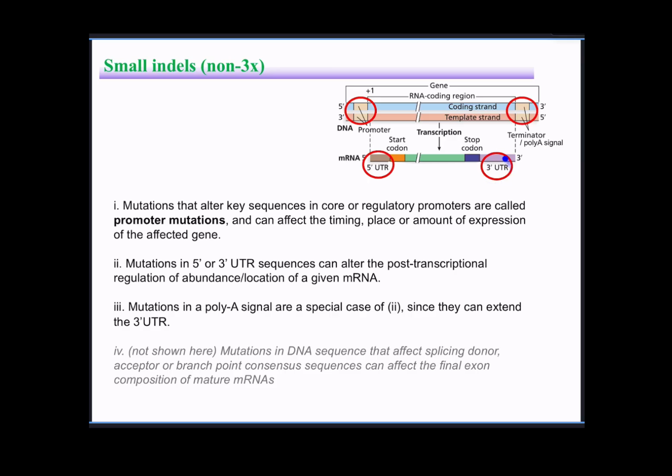But when it comes to 3' UTR, for instance, the 3' UTR often harbors sequences that cells use to regulate the stability of certain mRNAs. Cells have evolved ways to actively inhibit the expression of certain mRNAs or even induce their degradation willingly.